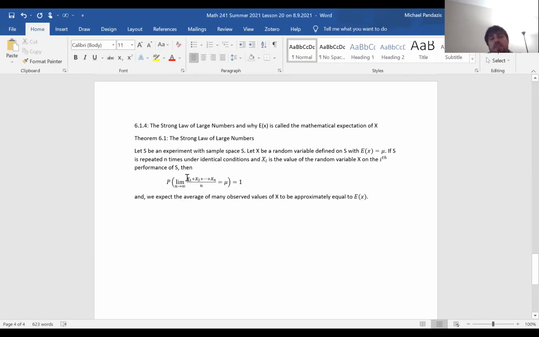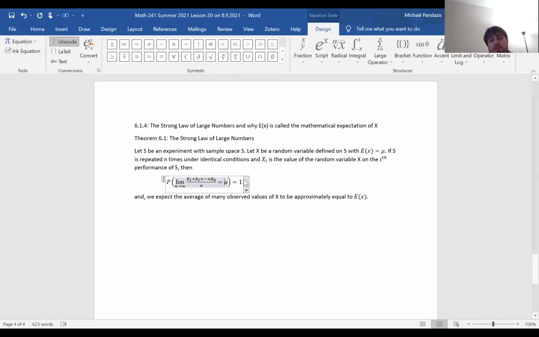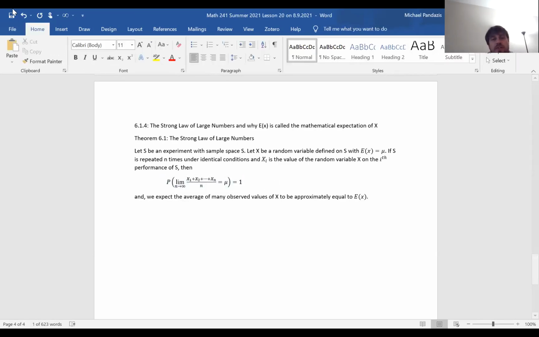If the probability of the limit of the average is mu is 1, then for sufficiently large n, this average should be very close to mu, because the average is approaching mu. Approaching mu means that as little n gets larger and larger, the average gets closer and closer to mu.